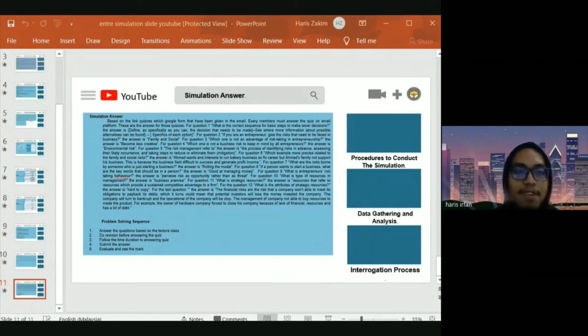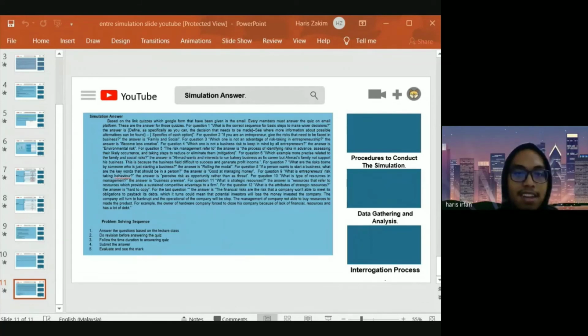For question number 5, the risk management referred to. The answer is the process of identifying risks in advance, assessing their likely occurrence, and taking steps to reduce or eliminate them. Mitigation. For question 6, which example more precisely relates to the family and social risk?